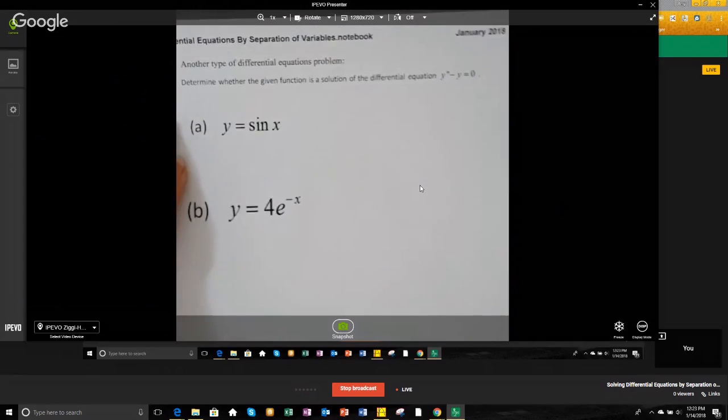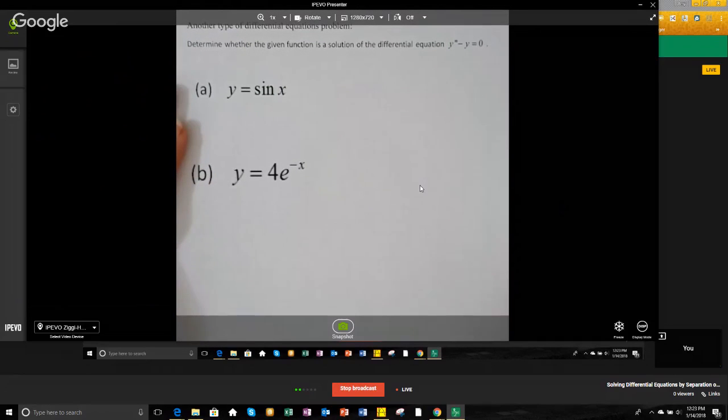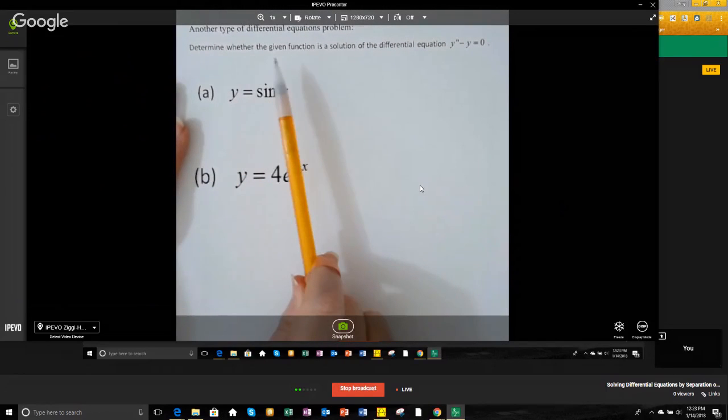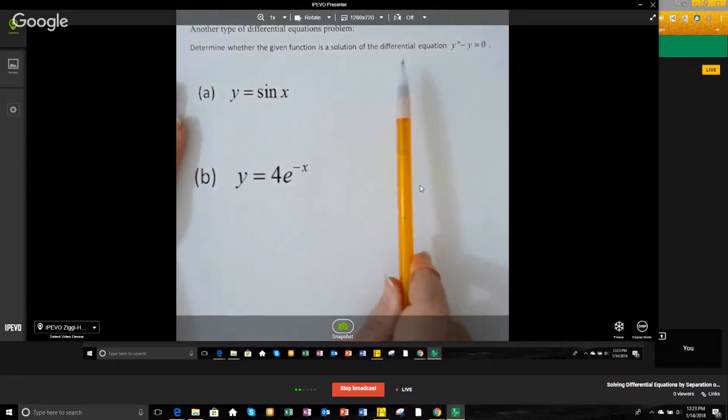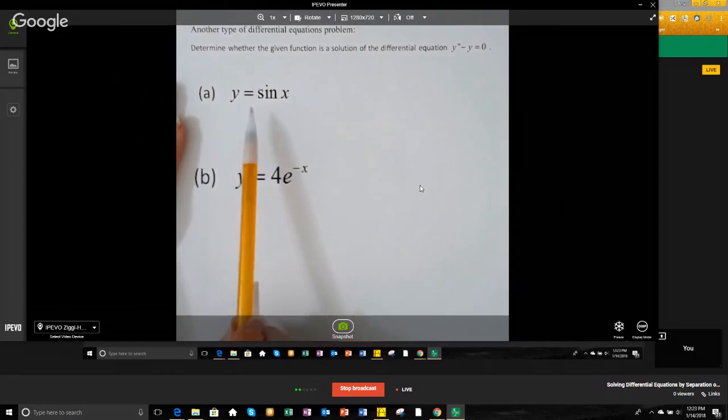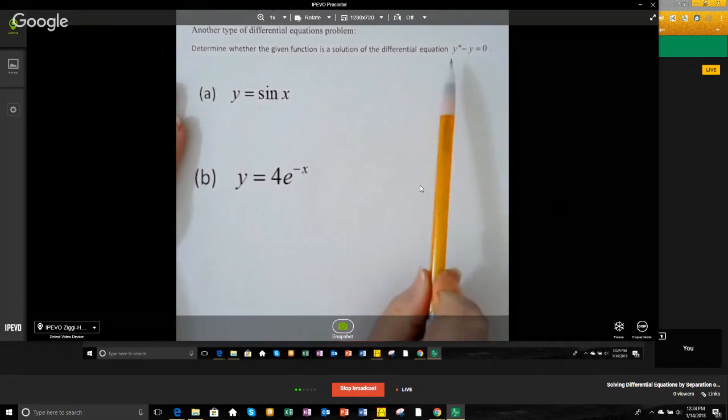All right. You might see another type of problem, which states: determine whether the given function is a solution of the differential equation y double prime minus y equals 0. So they're giving us a solution, and they want to know if it is a solution to this equation.